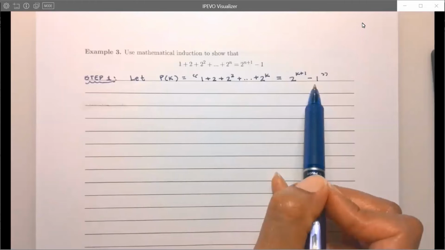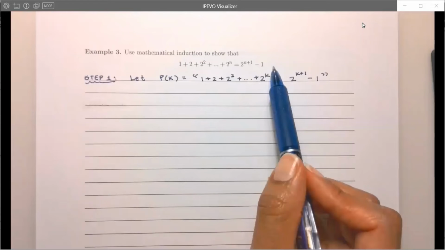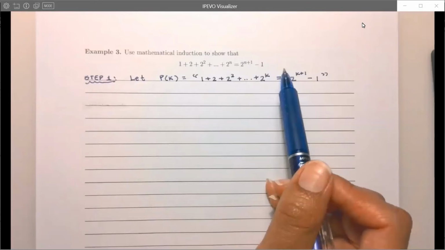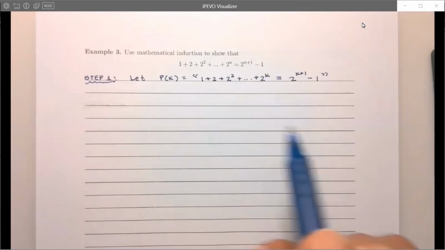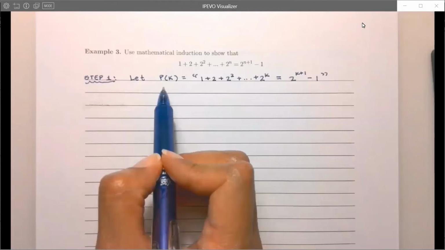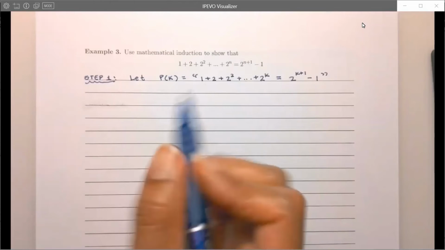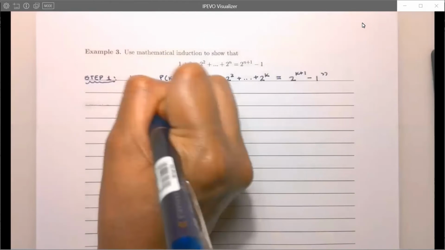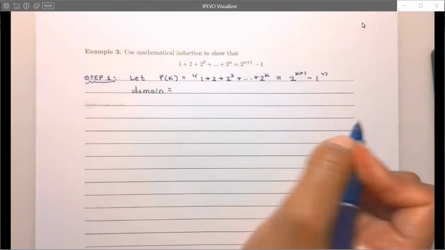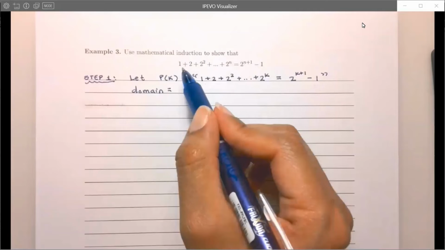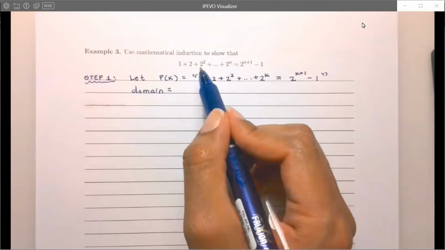Now what I want you to notice about this problem is that it doesn't have an explicit domain. It doesn't say for all odd integers or all positive integers and rather. So we have to try and figure out what it is that is the domain for this function. In order to determine that, we can take a look at what would be the smallest possible case of this statement.